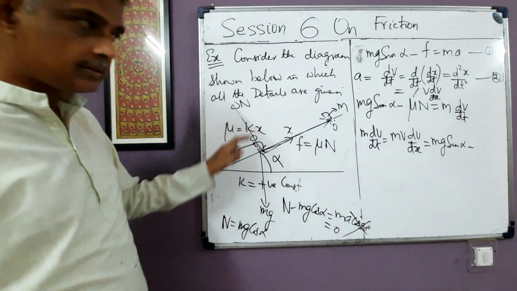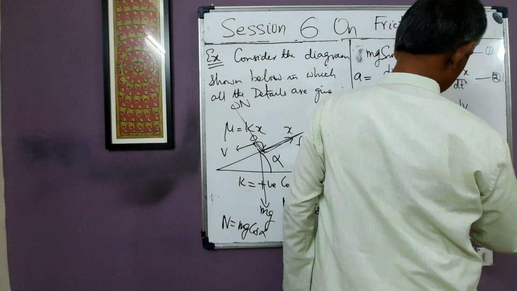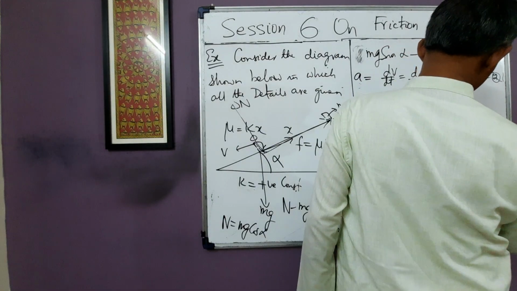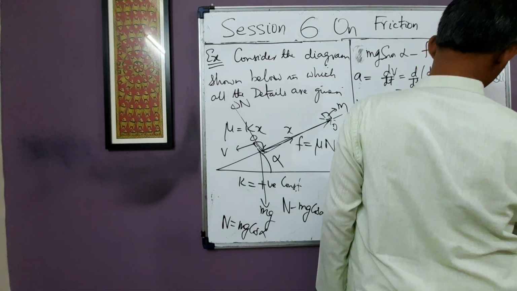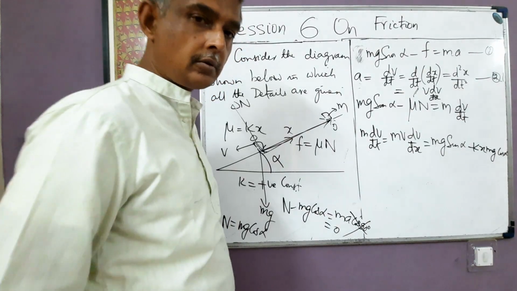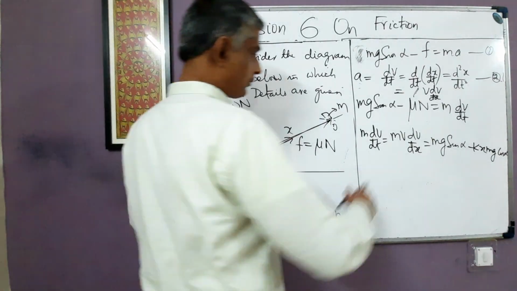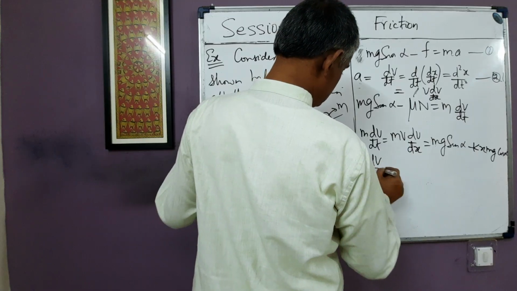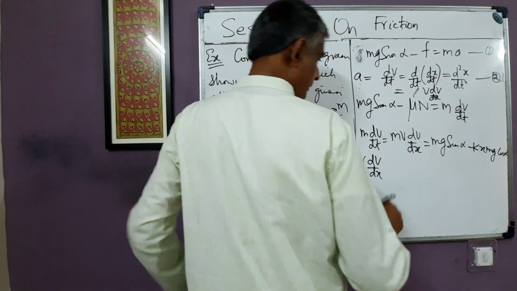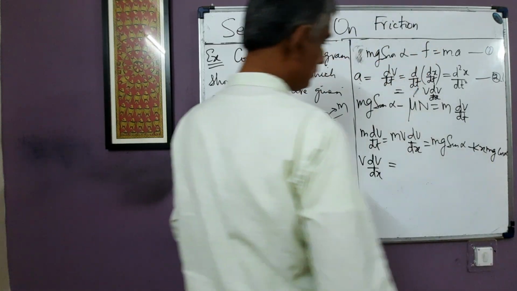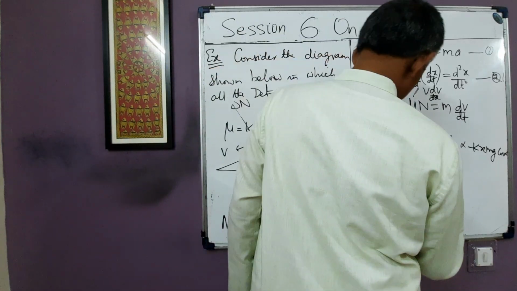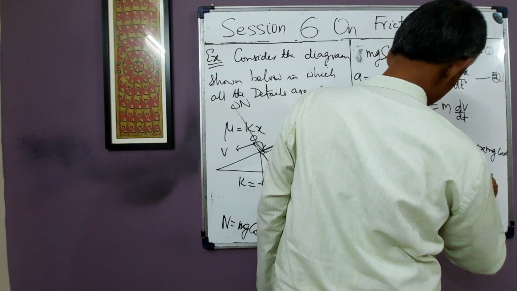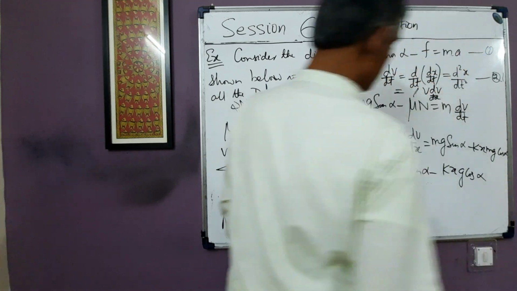Mu is kx, and N is equal to mg cos alpha. Now m goes away. So v dv by dx is equal to g sin alpha minus kx into g into cos alpha.